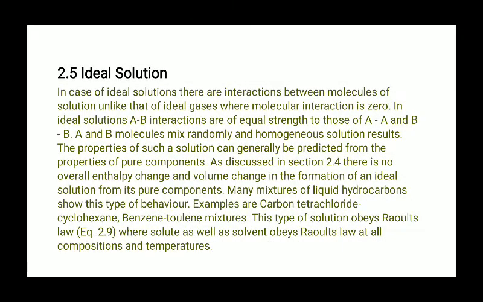Ideal solution. In an ideal solution, there are interactions between molecules of the solution, unlike an ideal gas where molecular interaction is zero. In an ideal solution, A-B interactions are equal in strength to those of AA and BB. A and B molecules mix randomly and a homogeneous solution results. The properties of such a solution can generally be predicted from the properties of the pure components.